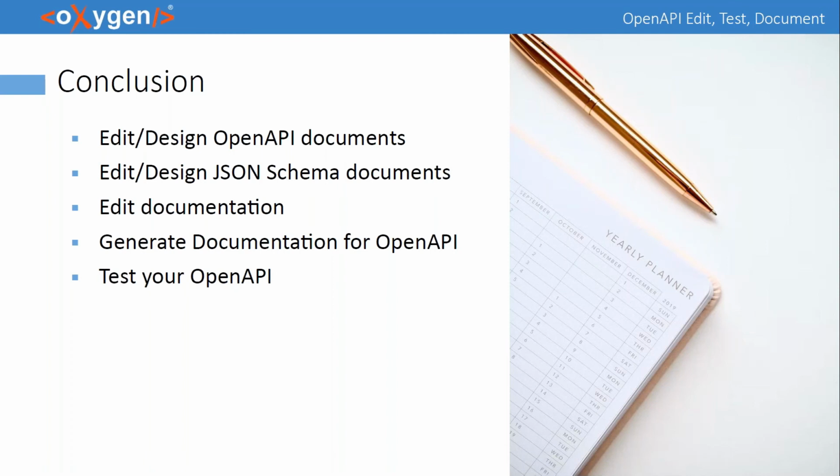You can also edit the documentation for OpenAPI documents, because we provide a framework that is also customizable, and then you can generate documentation using our tool, and we want to improve this generation in the future. And you can test using the tester. You just need to pass some parameters to the server, and you can check if your server works correctly.